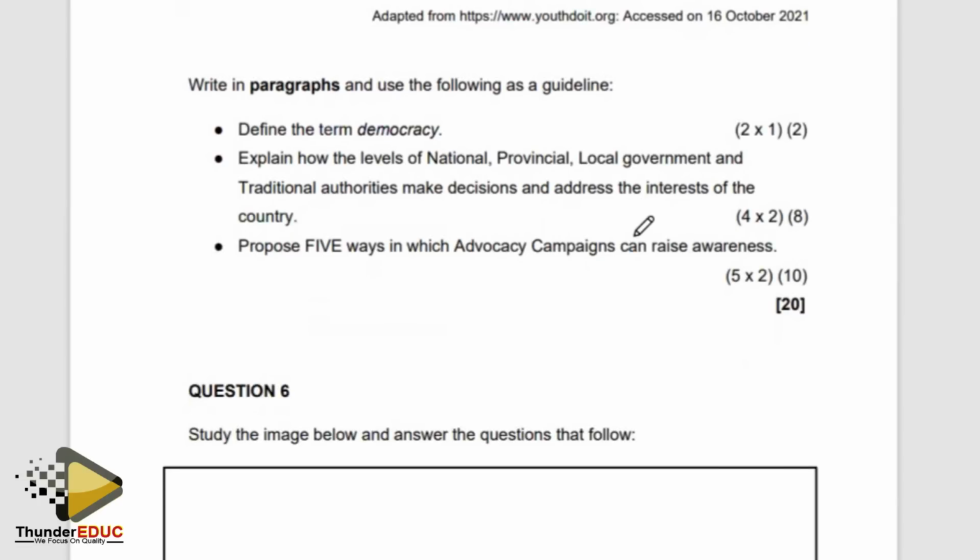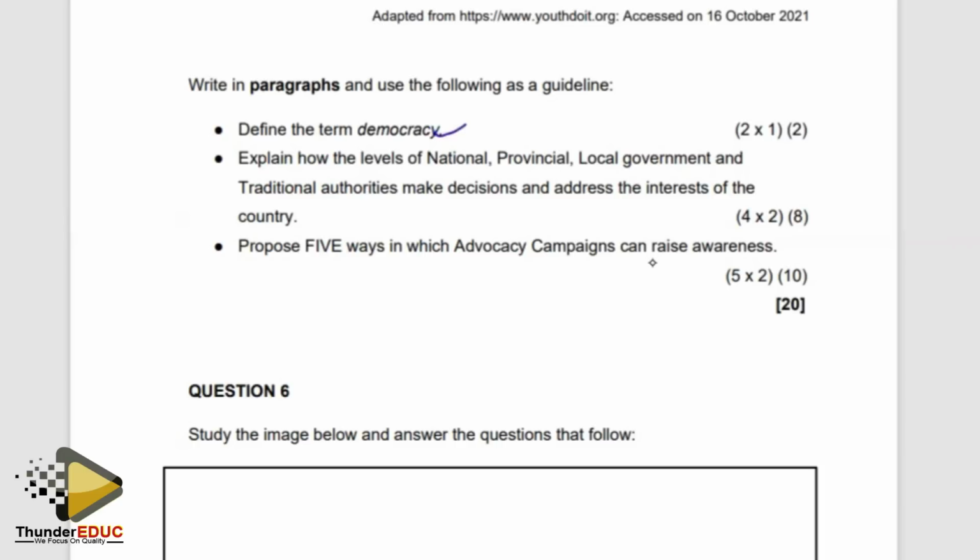Right? First, you need to define democracy. So when you talk about democracy, it's a form of government in which the people have the authority to deliberate and decide legislation or to choose governing officials to do so.